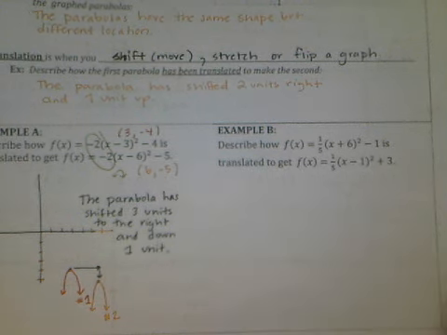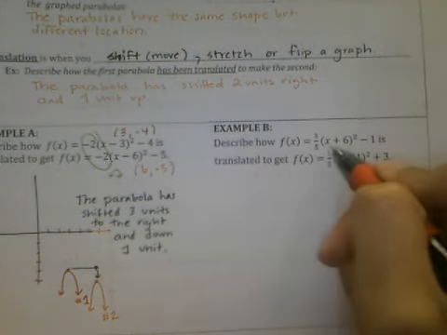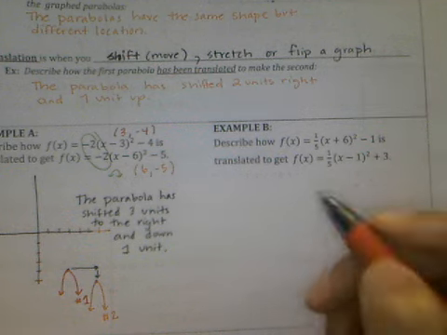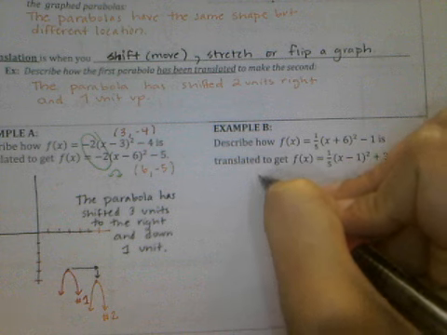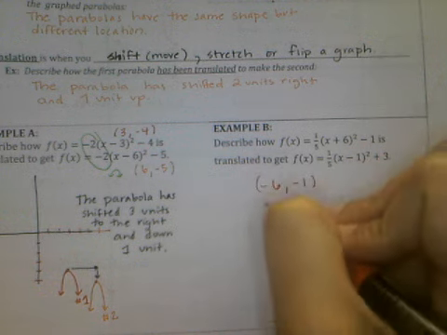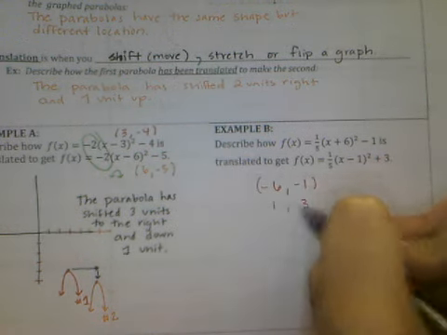This method depends only on the vertex. So I'm going to write down the vertexes of the 2 equations right next to each other. The first vertex is negative 6, negative 1. And the second vertex is positive 1, positive 3.